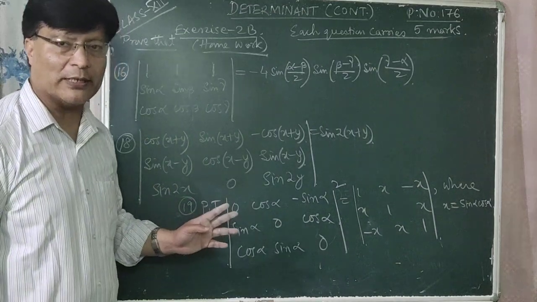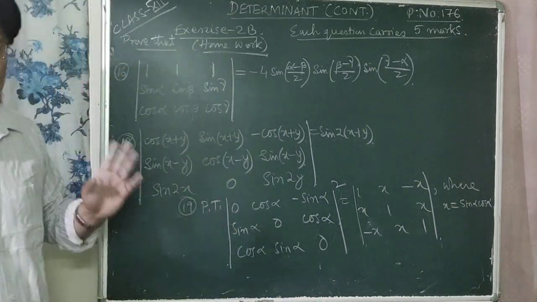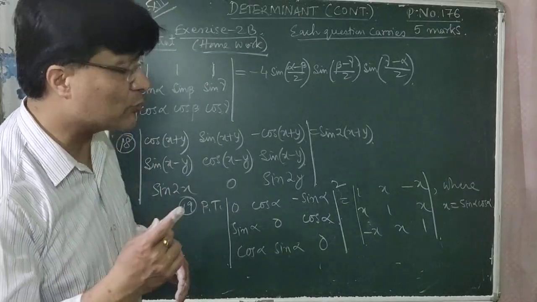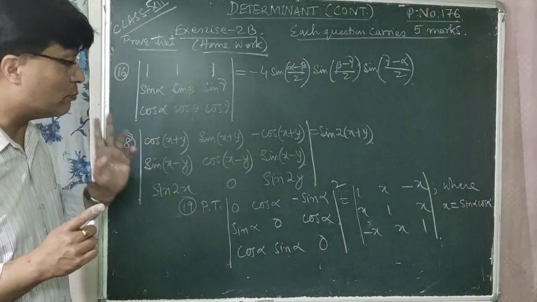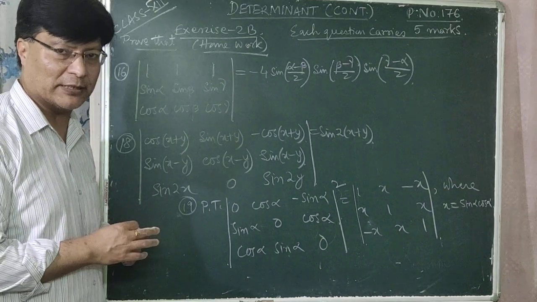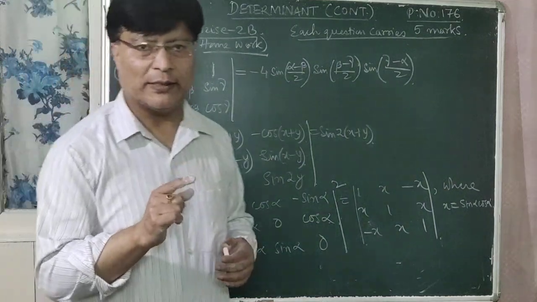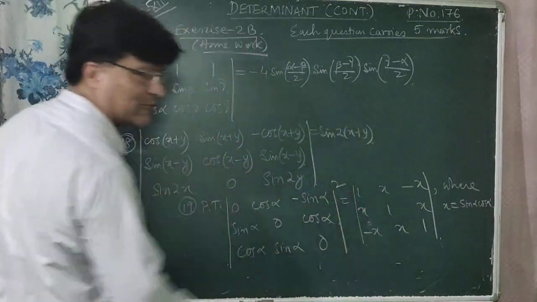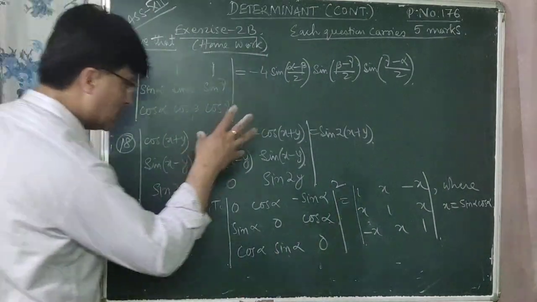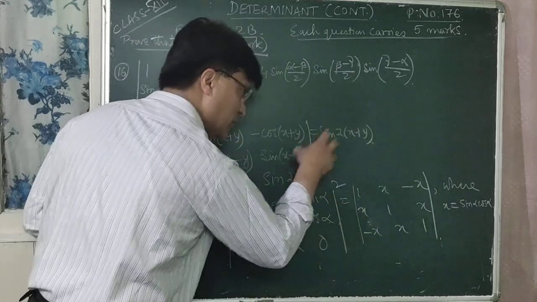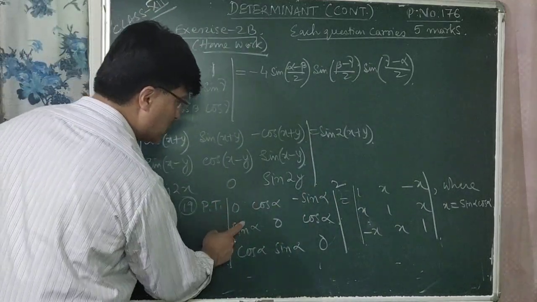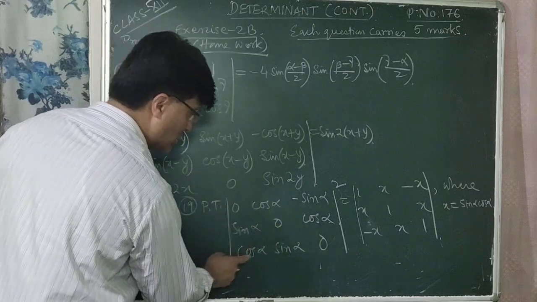What you will do here is write down the left hand side, D. Whole square means you have to write the multiplication of two same determinants. Like if there is a square, you should write a into a. But if this determinant whole square is there, you should write this determinant into this determinant.